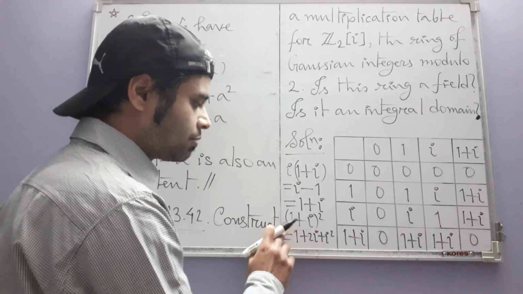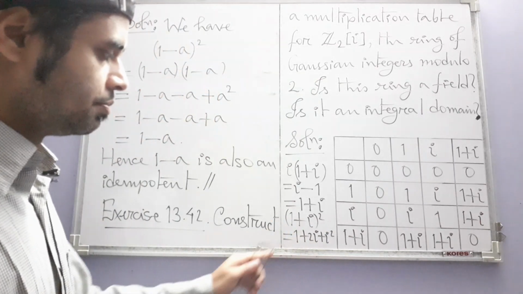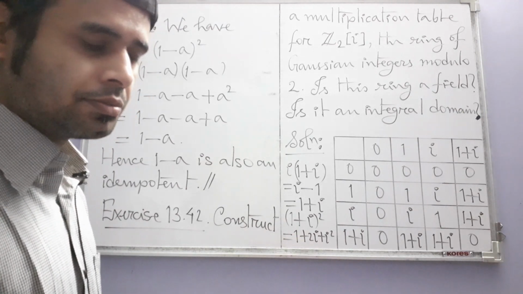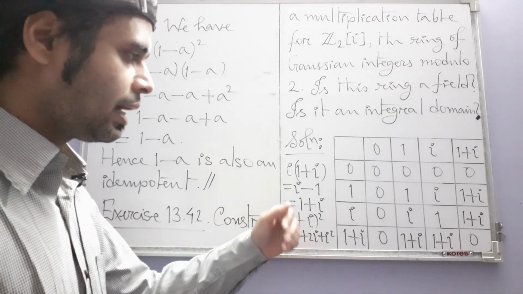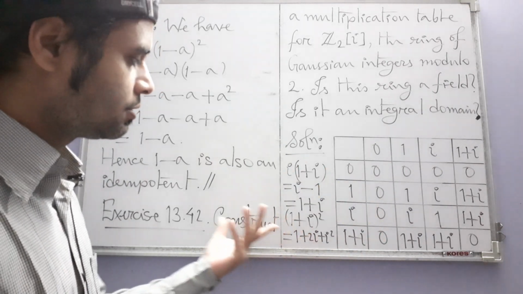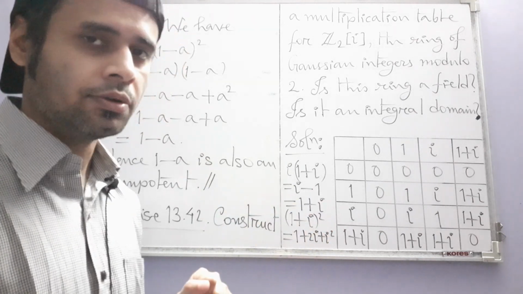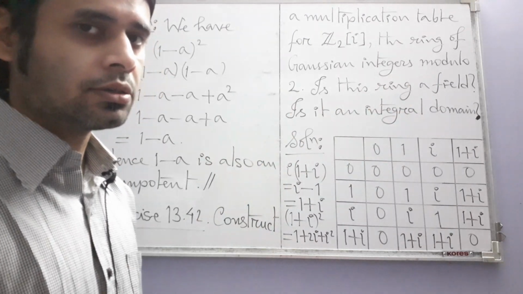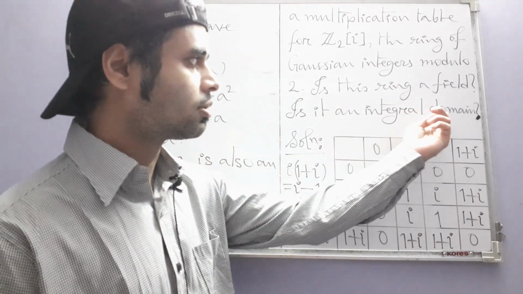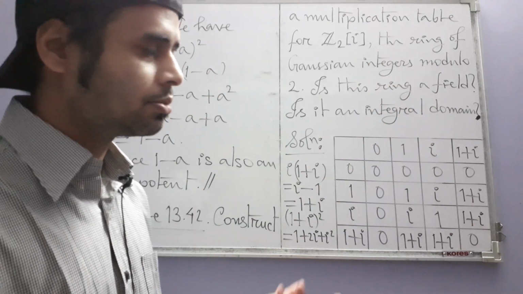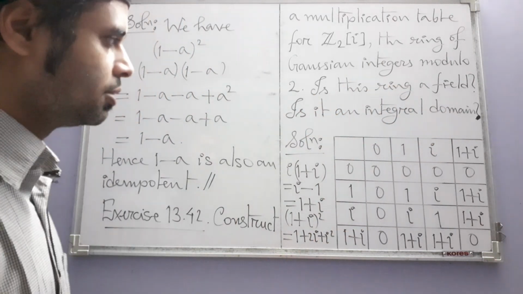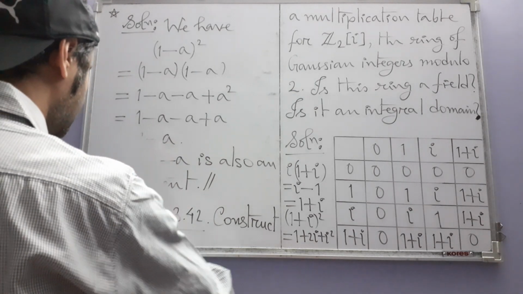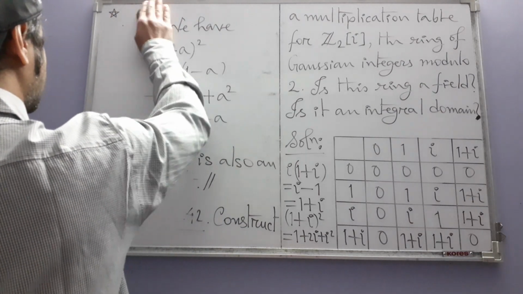In other words, we can also say that 1 plus i is a zero divisor because it is non-zero, and we have found another non-zero element which is also 1 plus i, so that the product of these two is 0. So that is why it is neither a field nor an integral domain. If we can just simply say that it's not an integral domain, then automatically it's not a field, because every field is bound to be an integral domain. So we can just simply write after this that our ring is neither a field nor an integral domain.